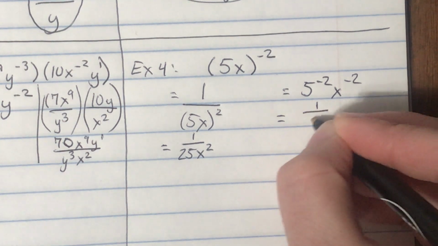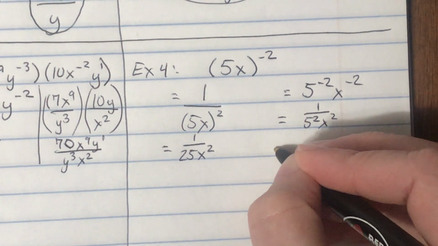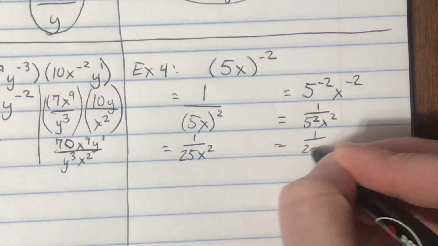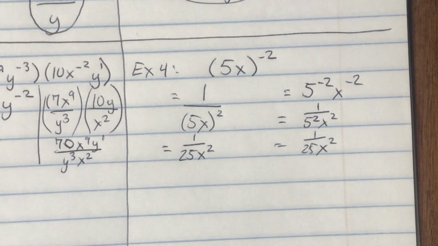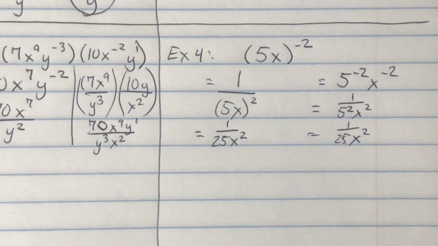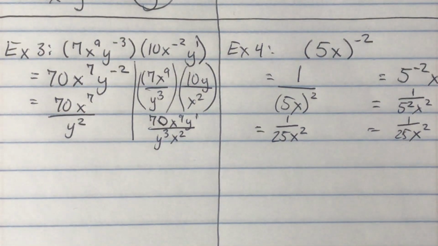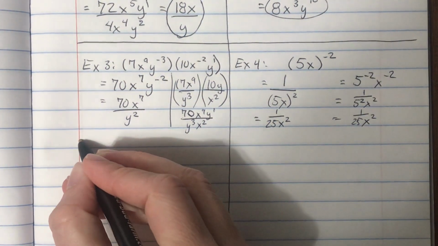So now we end up with 1 over 5 to the positive 2nd, x to the 2nd, and notice how that still ends up being 1 over 25 x squared. So whichever way makes the most sense to you. Again, there are multiple ways of doing some of these, similar to order of operations. You can just get there in multiple ways. So for that line, we sort of had 2 ways of getting there.